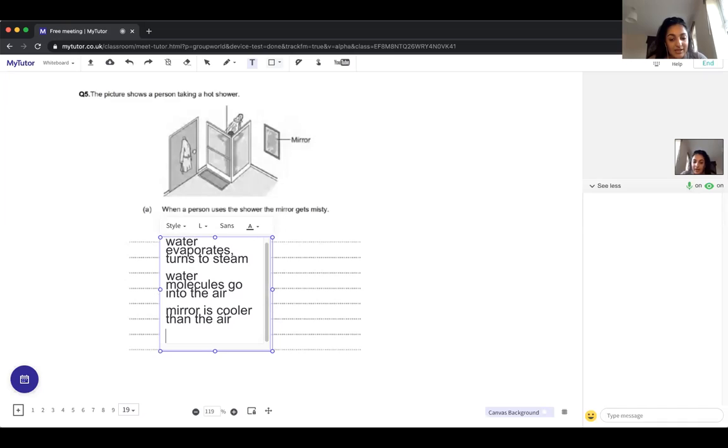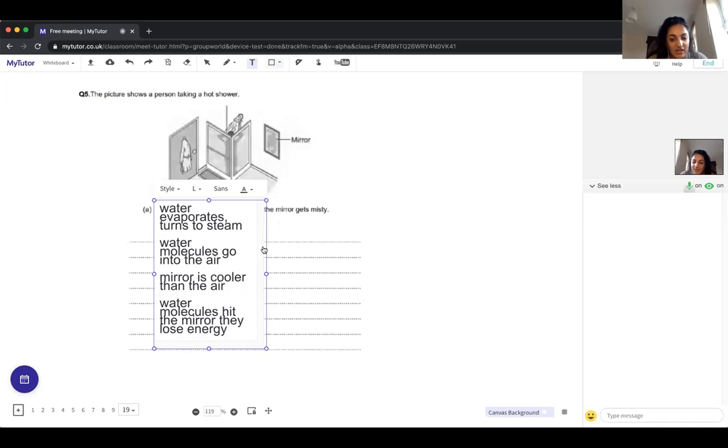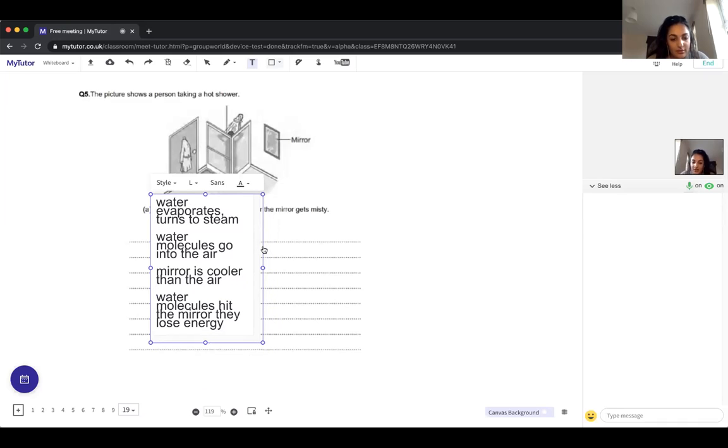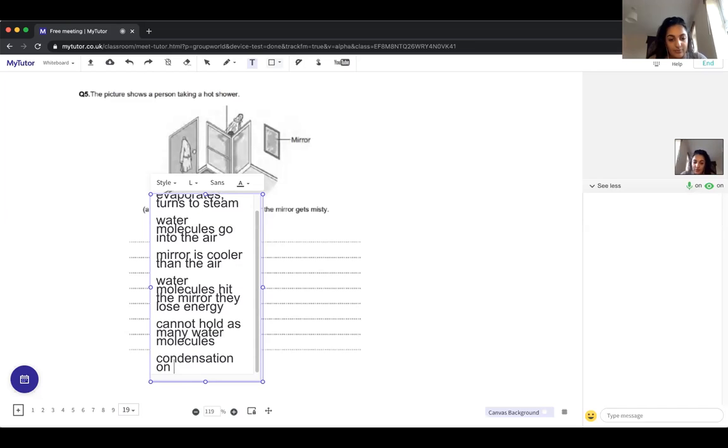And because of this, when the water molecules hit the mirror, they lose energy. Remember, if we cool a gas, it loses kinetic energy. Now, because they've lost their energy, they cannot hold as many water molecules. And therefore, this causes condensation on the mirror.